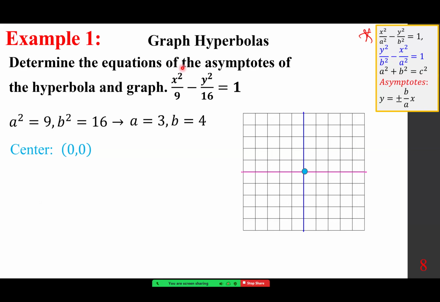Because x squared over 9 is positive, the vertices are at plus minus 3, 0. In other words, the transverse axis is along the x-axis, and we plot those pairs.